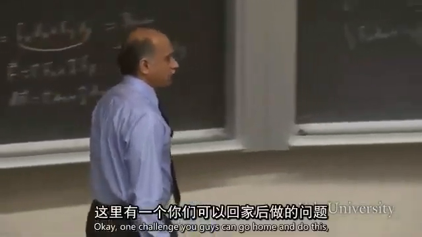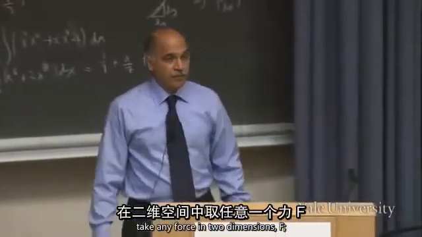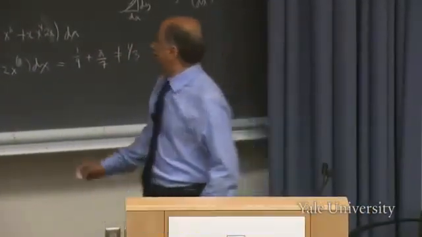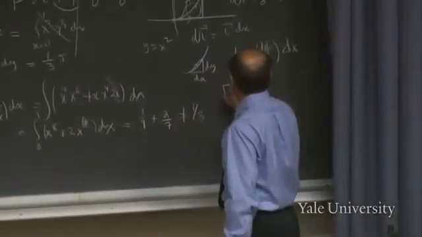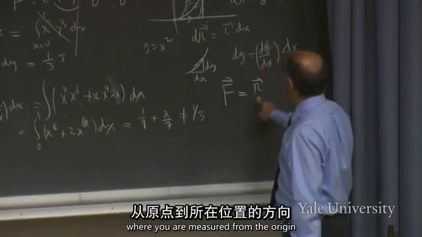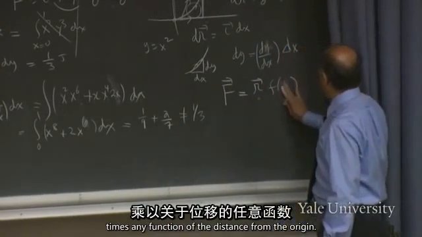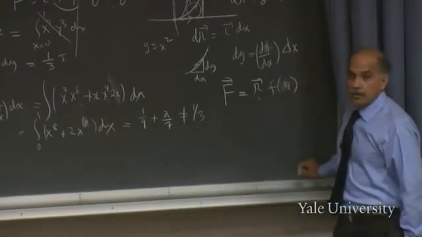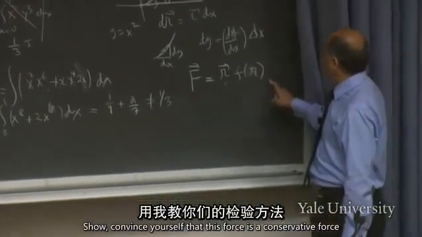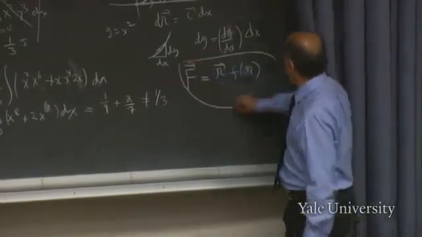Okay, one challenge, you guys can go home and do this. Take any force in 2 dimensions, F. It is parallel to the direction where you are, measured from the origin, times any function of the distance from the origin. Convince yourself that this force is a conservative force by applying the test I gave you.